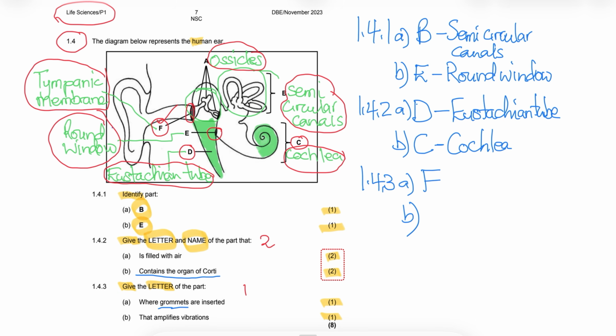The letter representing the ossicles is A, so we also write A there.